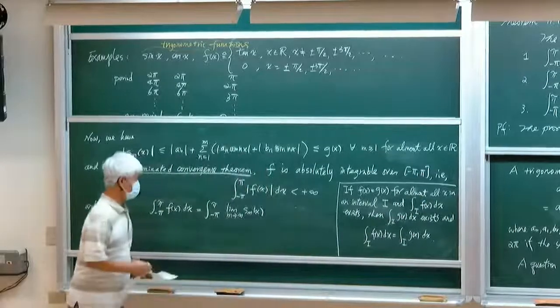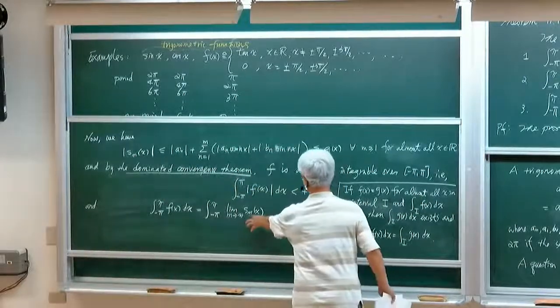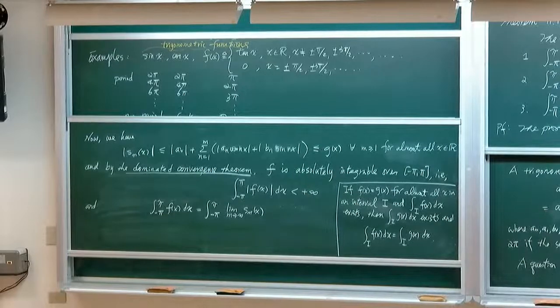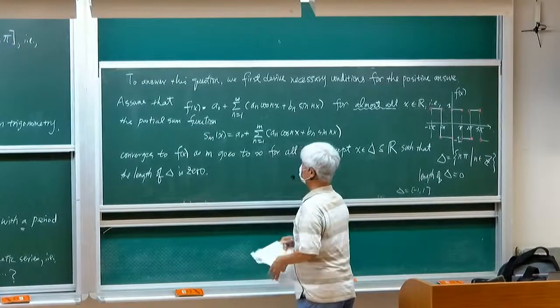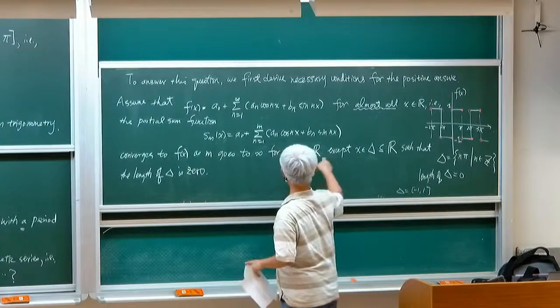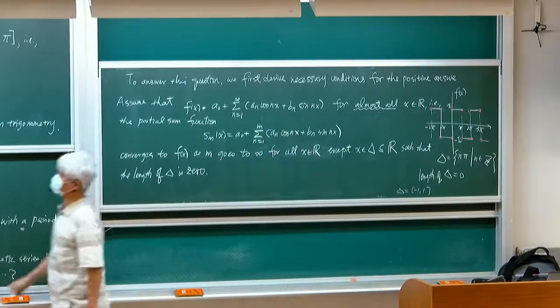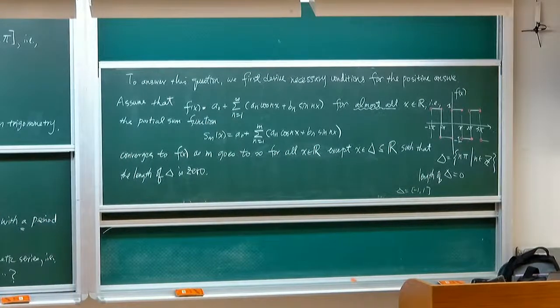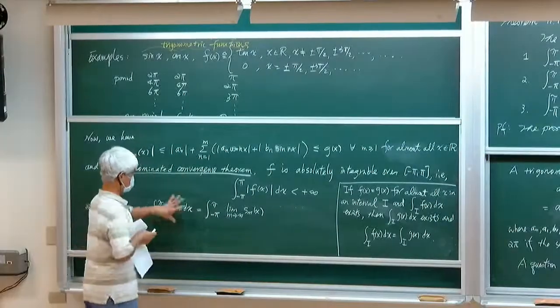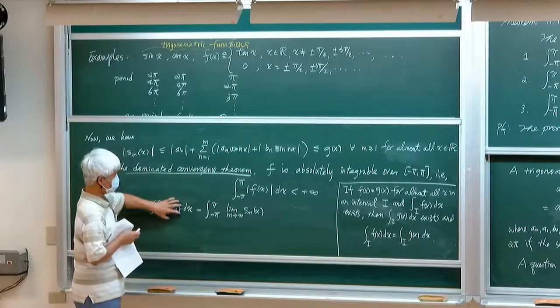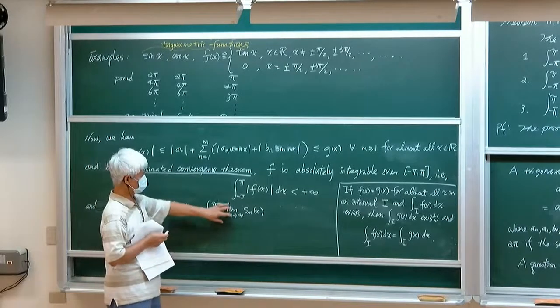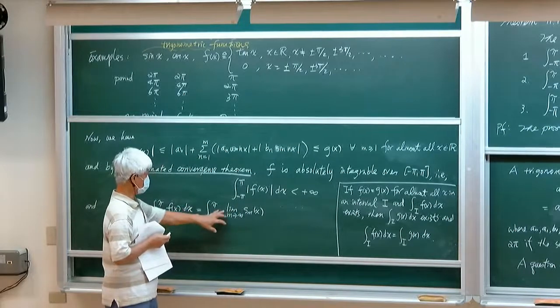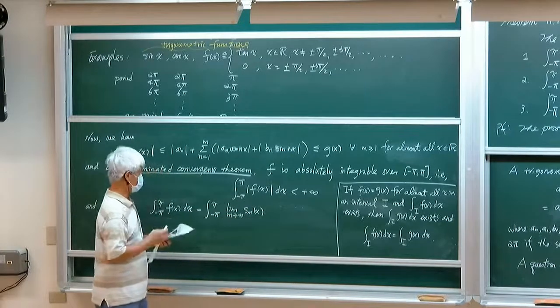So I use the fact to say here, because the limit of this function, as we know, will converge to f of x for almost all x here. This is from the fact that f of x is the value of this limit for almost all x.